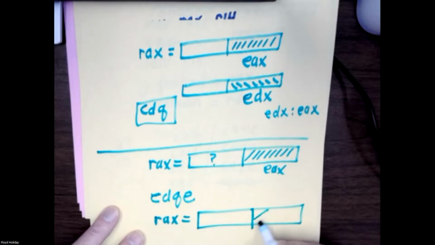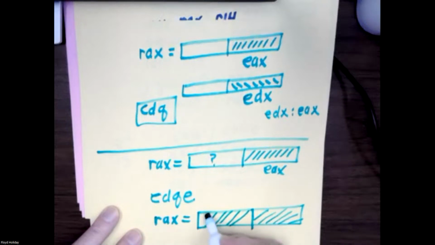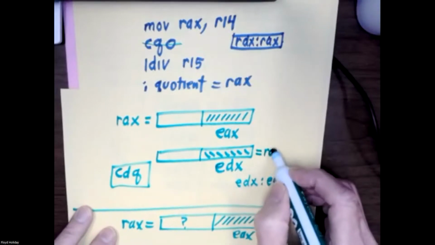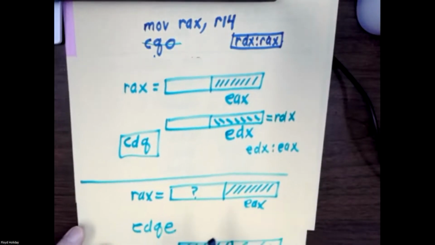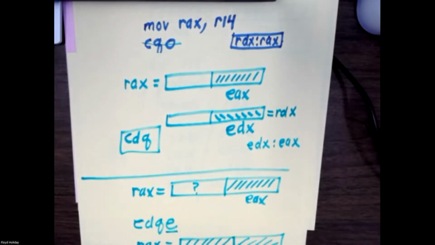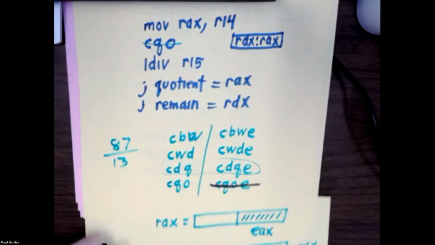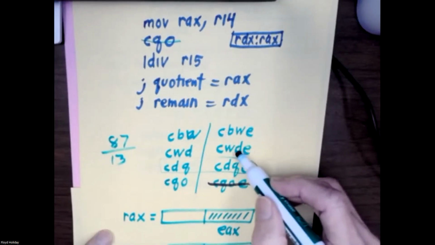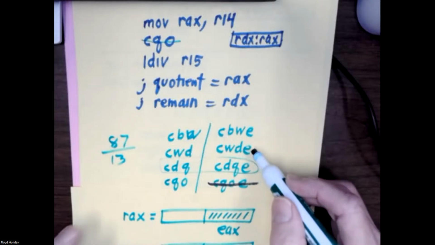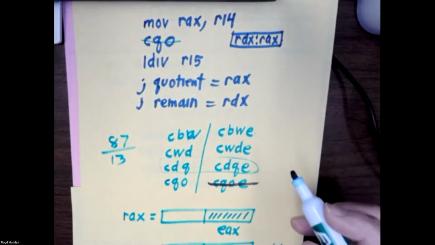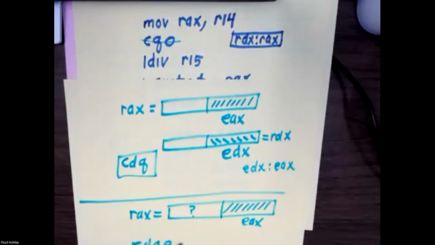So this is still here unchanged, but the expansion is over here inside the same register instead of putting it in the RDX register. So the E on the end means do the same expansion, but stay within the RAX register. There's others. If you did one of these others, it means stay within RAX. You don't bring its companion into play. That's what the E on the end means.